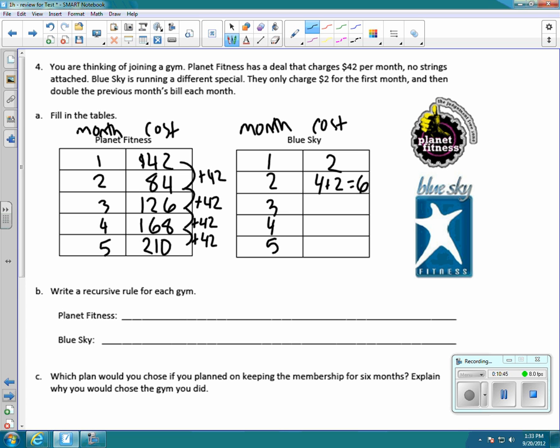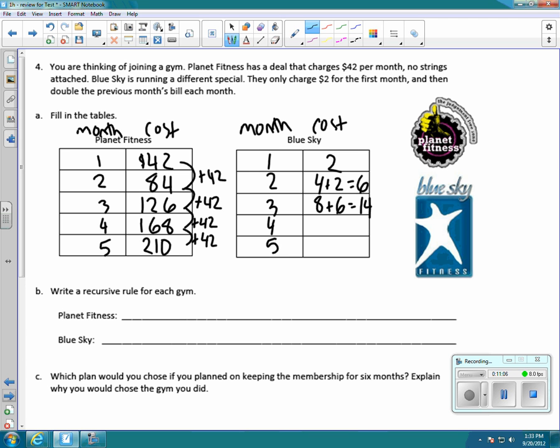And then if we multiply the next one, sorry, this is a little bit confusing the way I'm writing it. I probably shouldn't have written it this way. But in the next one, the bill from the month before was 4, so now we're going to have 8, right? But we just paid $6 the month before, so now we've paid $14.